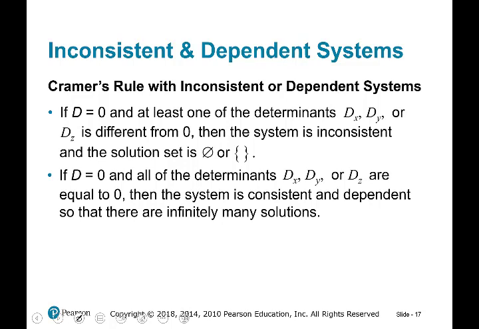Okay, so here we have some rules. We have the case where we have an inconsistent system where it's null or empty solutions. So it says here that if the determinant is 0, right, and at least one of the determinants, the x, the y, or the z, is different than 0, then we have something that is inconsistent.